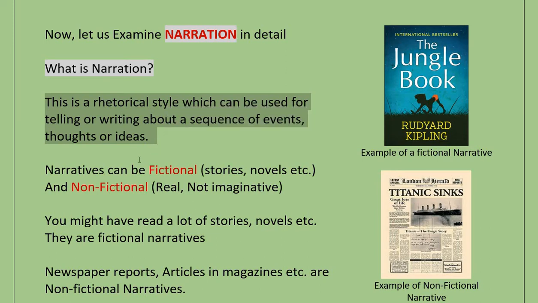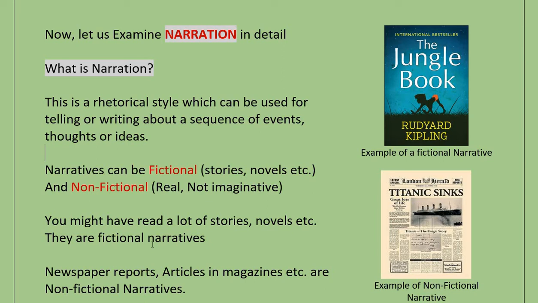So narratives can be two types: fictional narrative and non-fictional narrative. Fictional narratives are stories, novels, etc., and non-fictional narratives are not imaginative ones, but are supposed to be real ones. So you might have read a lot of novels, stories, etc. They are fictional narratives.